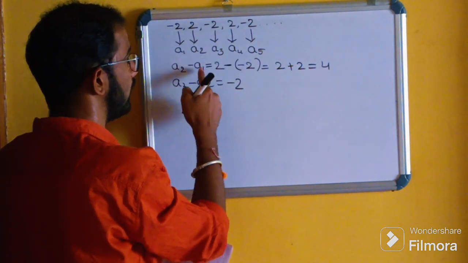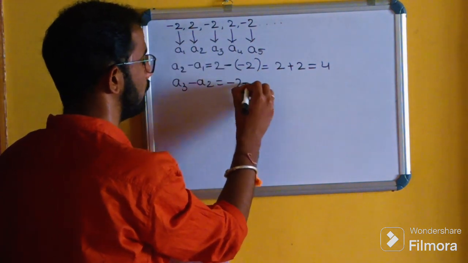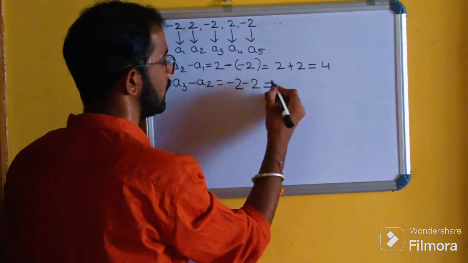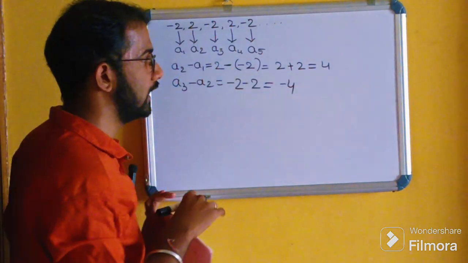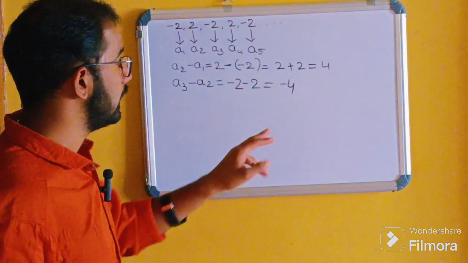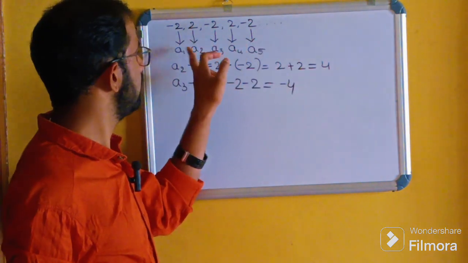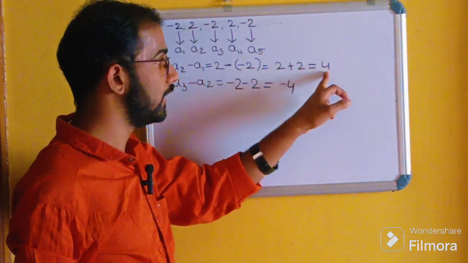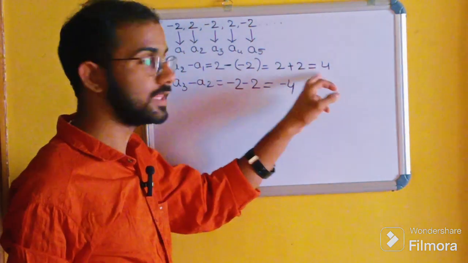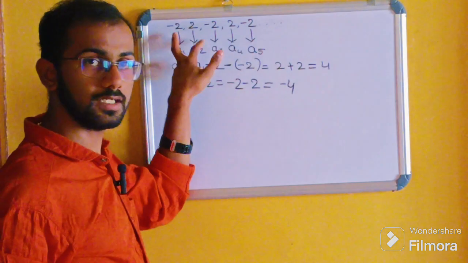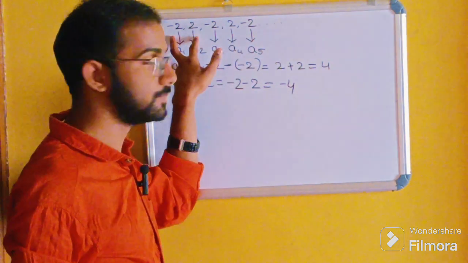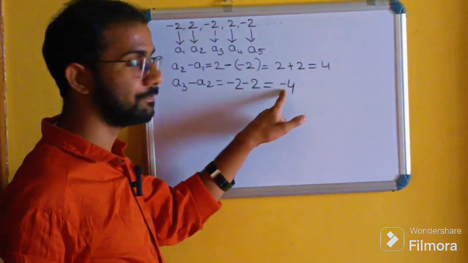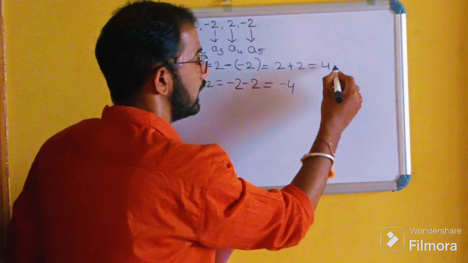Why? So see here, A2 minus A1 is not equal to A3 minus A2. Hence, the given list of numbers, the given sequence, is not an AP.